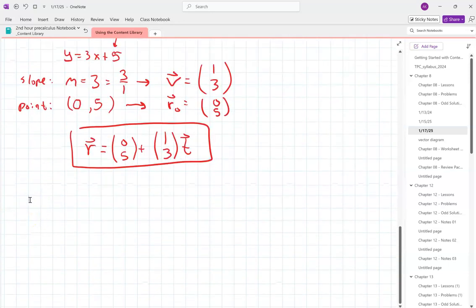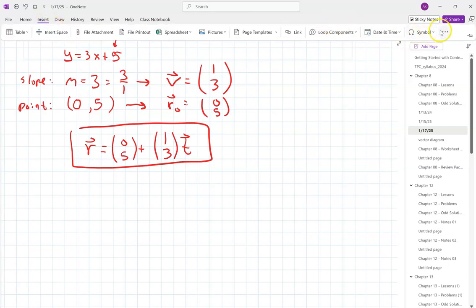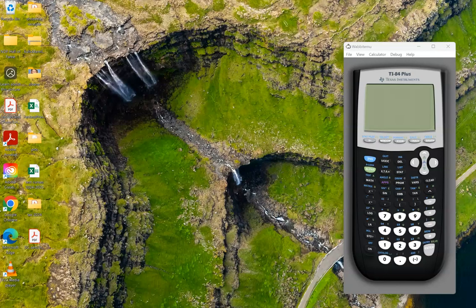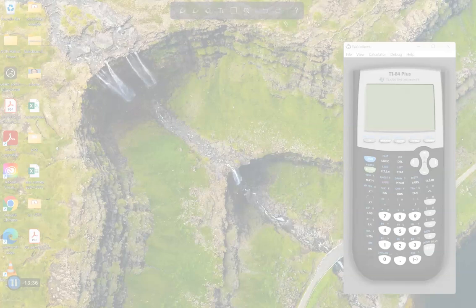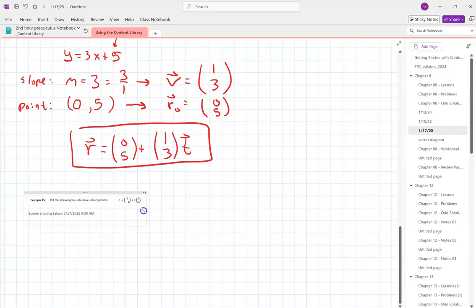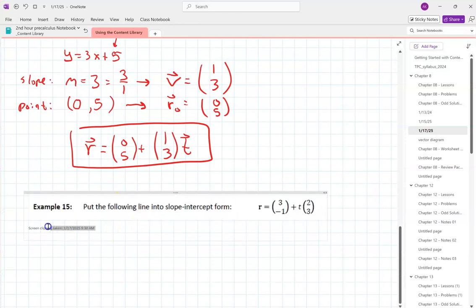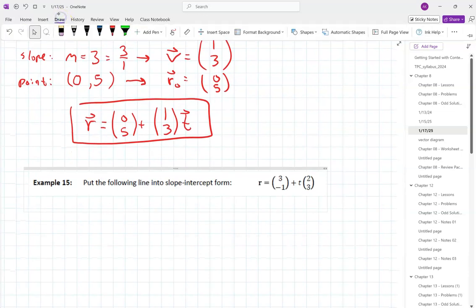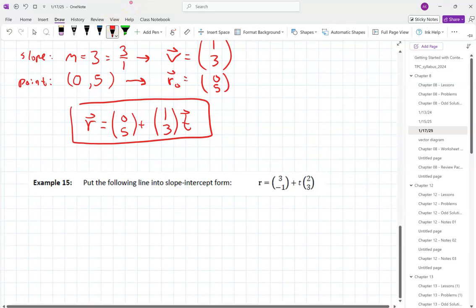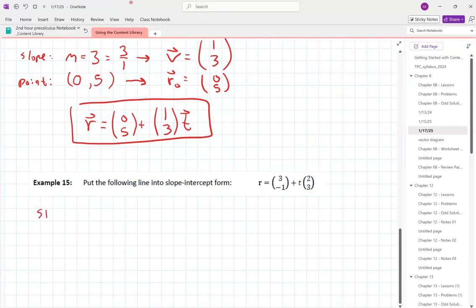Okay. Let's go the other direction now. Let's take this vector line equation and create a slope-intercept equation. So I'm going to start by identifying the slope vector, which is the one attached to the t.